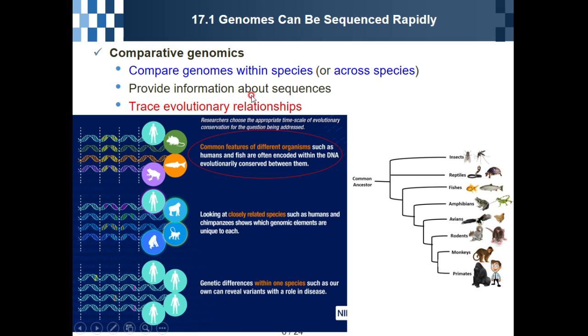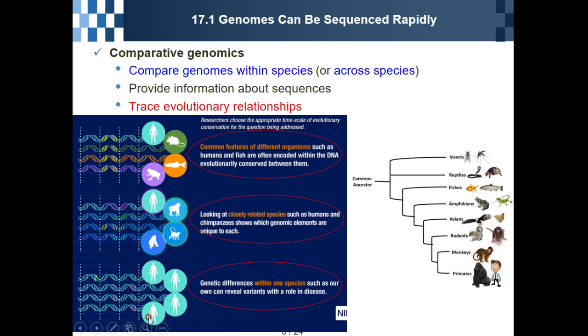We can compare different organisms, human, rat, fish, frog, or closely related species, human, chimpanzee, orangutan. And also we can compare within one species, within humans, each person.